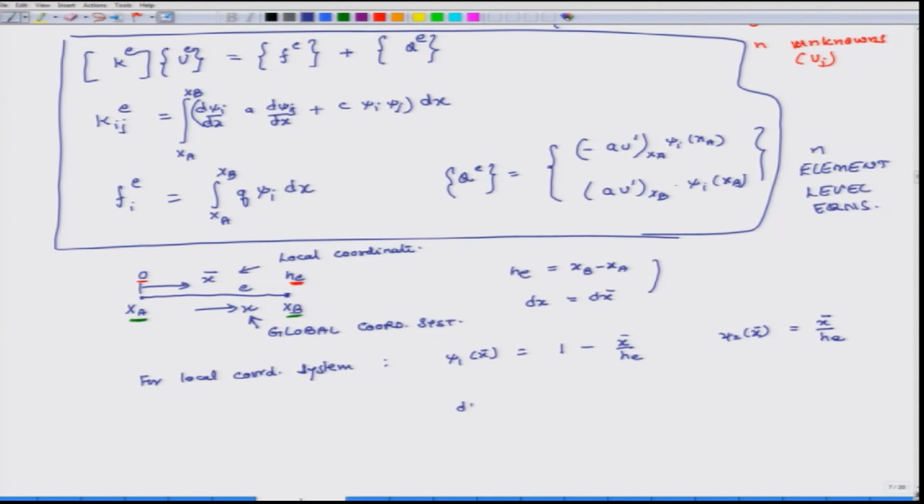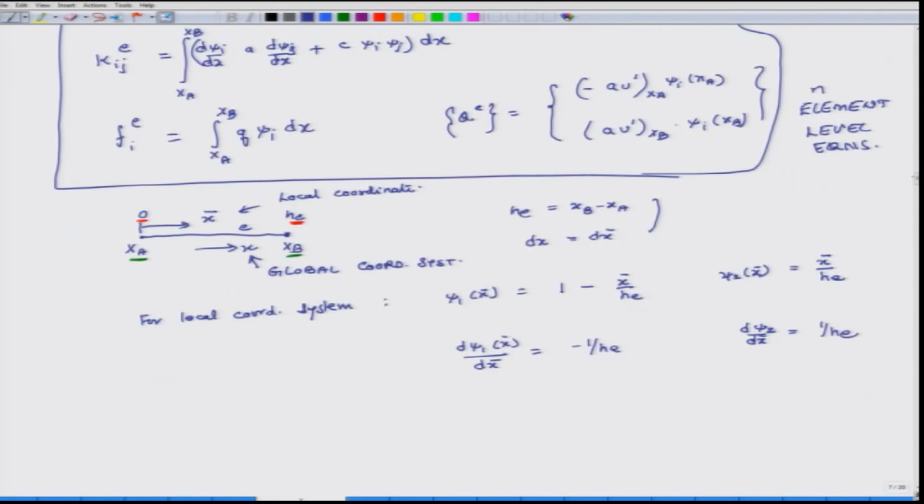Then d psi 1 over dx bar is equal to minus 1 by h e, and d psi 2 over dx bar is equal to 1 by h e.